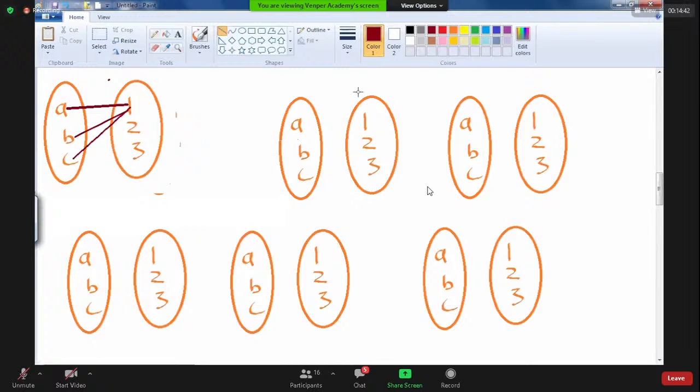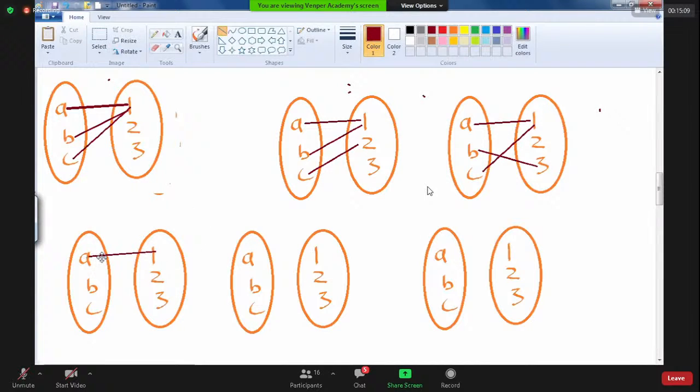Let me finish all of it and then we can discuss. Otherwise, I will be confused about what you are replying with. A is related to 1, B is also related to 1, and C is, let's say, related to 2. Next case, A is related to 1, B is related to 3, C is related to 1. So something is left out.